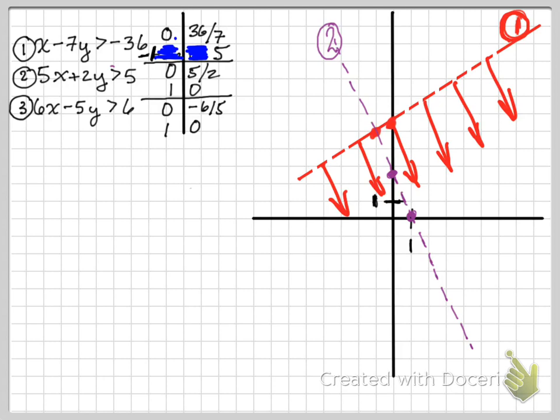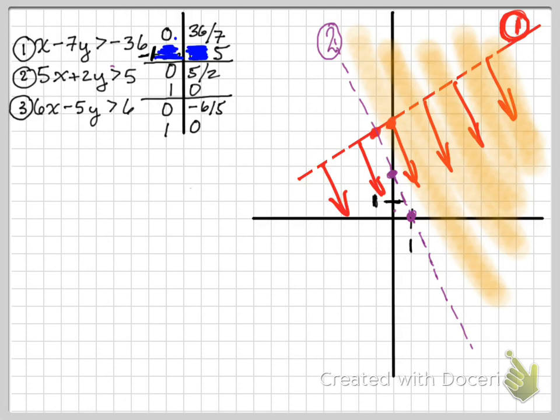And I'm going to look at the origin and plug it in here, that zeroes out, that zeroes out, when I plug in a 0 for x and a 0 for y, and then is 0 greater than 5? No, 0 is not greater than 5, so the origin and everything on this side of the edge is not part of the solution set. So my solution set is going to be everything over here.